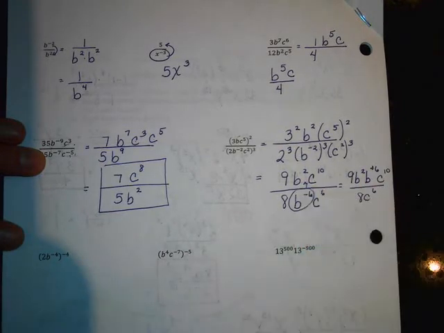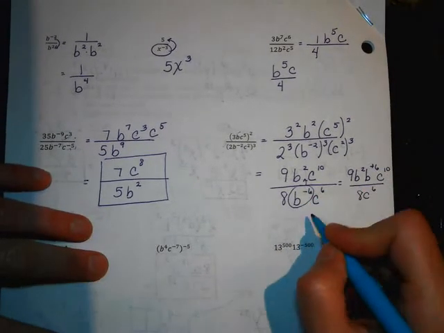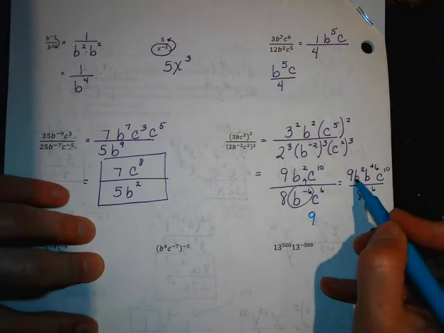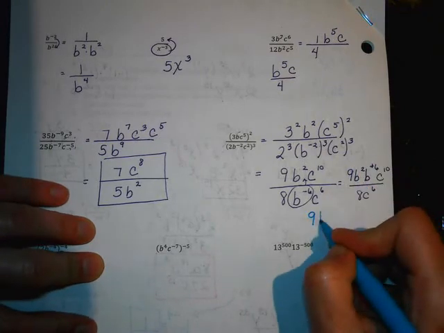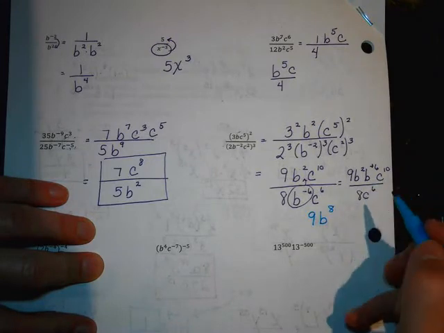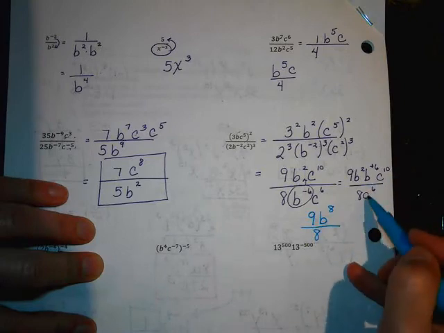It's a beast. So upstairs, we've got 9. When we have like bases and we're multiplying, we keep the base and we add the powers. All right, 8 is downstairs. And now decide, where are we going to put the c, upstairs or downstairs? Well, where do you have more of them? You have more of them in that numerator.